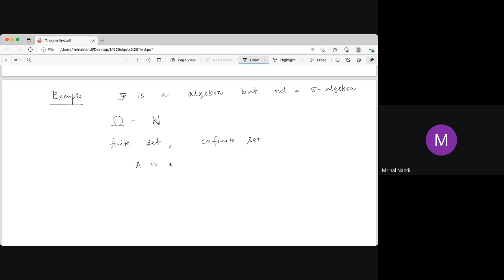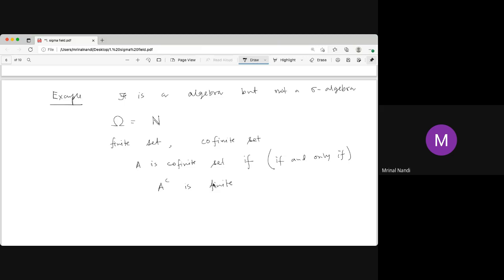A is a cofinite set if and only if, because it's a definition, the complement is finite. So if the complement is finite, then the set is called cofinite.